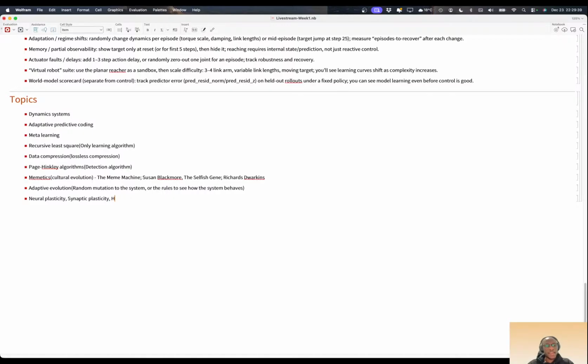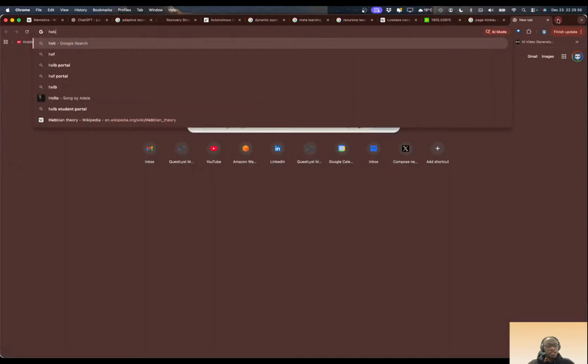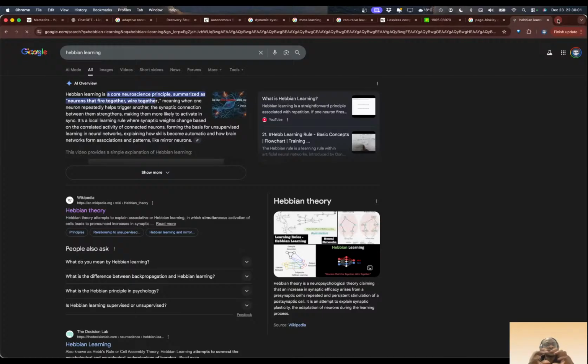And then Hebbian learning. So with all these, Hebbian learning is important. So Hebbian, how do you write Hebbian? Hebbian learning. So Hebbian learning is a type of learning in neuroscience for connected neurons. It is a neuroscience principle summarized as neurons that fire together wire together, meaning when one neuron repeatedly helps trigger another, the synaptic connection between those two strengthens, right?